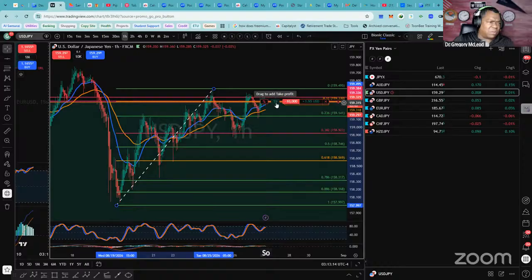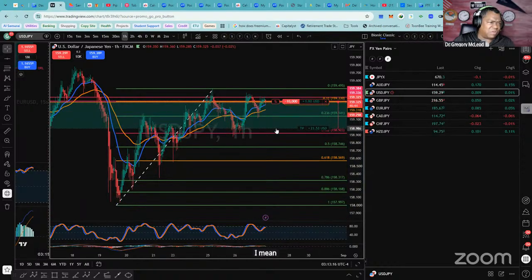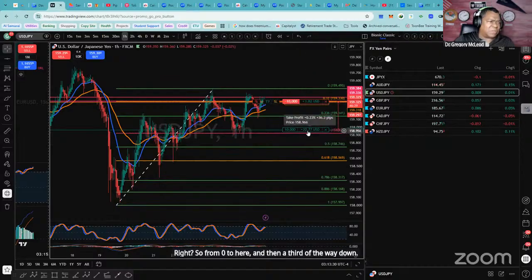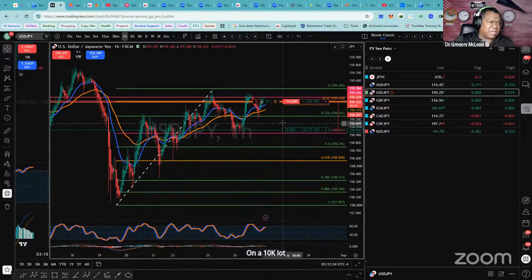So we could try to get close to that 38% retracement. From 0 to here, and then a third of the way down, that's $22.77 on a 10K lot. Again, depending on what size your balance is, you're going to adjust that.